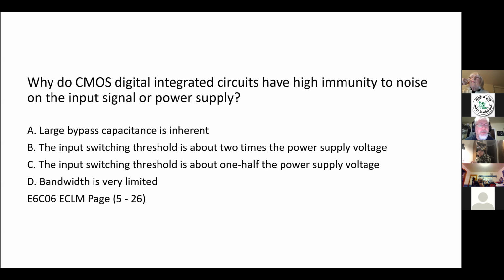B. Input switching threshold is about 2 times the power supply voltage. Or C. The input switching threshold is about 1/2 the power supply voltage. Or D. Bandwidth is very limited. Charlie is correct. The input switching threshold is about 1/2 of the power supply voltage.